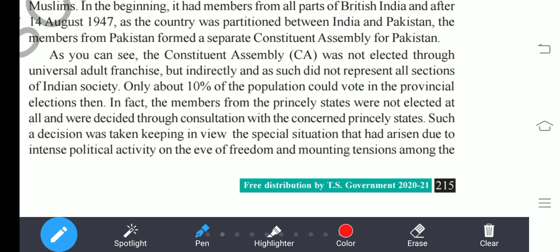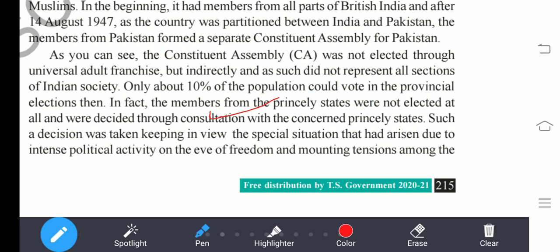And another point is that the members of the princely states were also not elected, they were taken by the process of consultation.